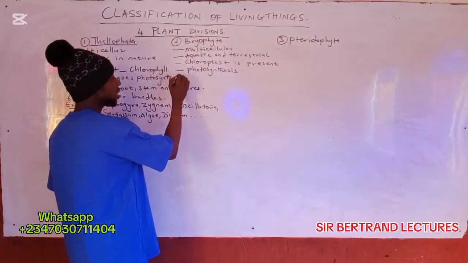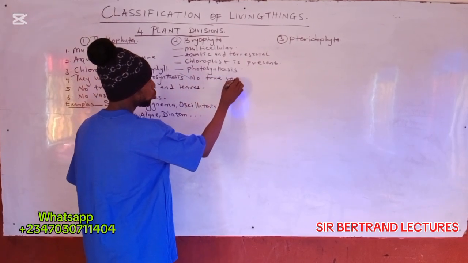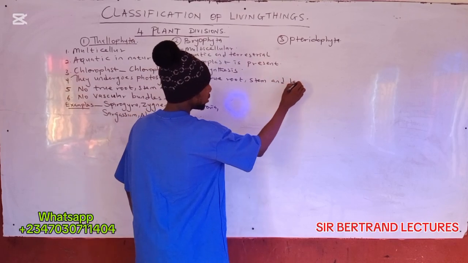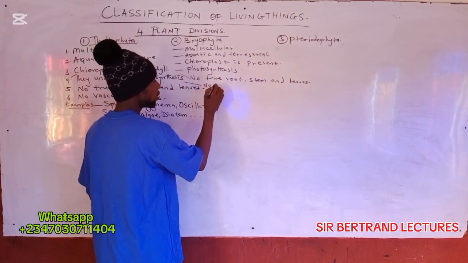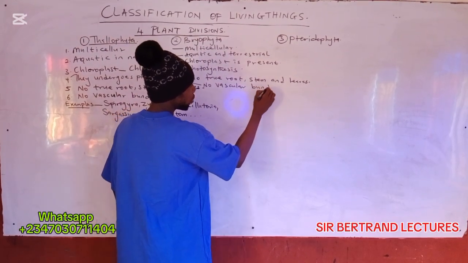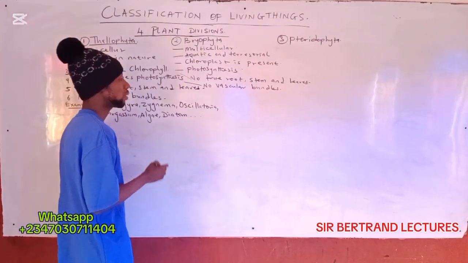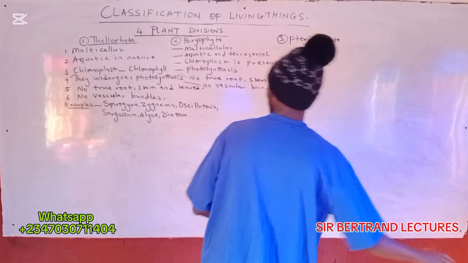In Bryophyta, there is no true root, stem, and leaves, and again, there are no vascular bundles. That is Bryophyta.